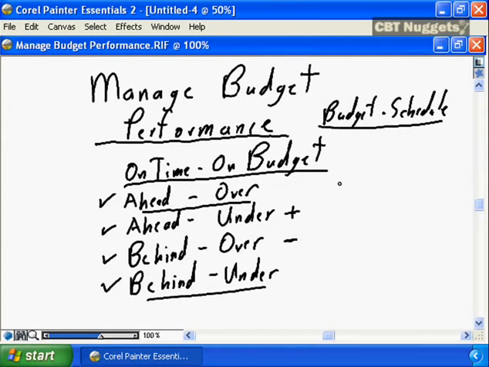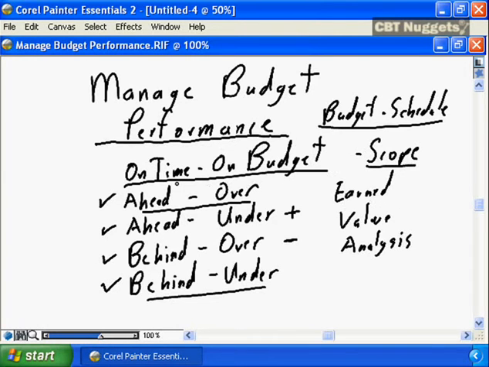There's a tool called Earned Value Analysis that helps us better understand what the combination of time and budget, and actually adds in an additional component of scope, to help us better determine whether this is a good or a bad thing. Earned value analysis is a very sophisticated process, and we will dedicate an entire nugget on earned value later in the series.